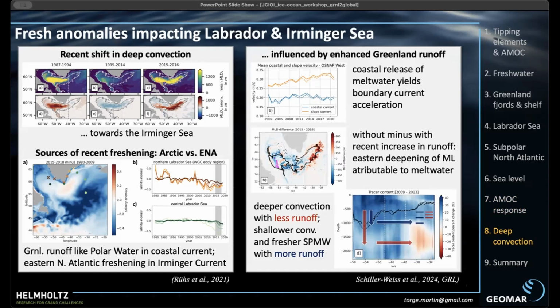And this very eastern shift of the deep convection is partly driven by the meltwater, because with meltwater added, the elevator in the Labrador Sea doesn't go as deep, but then propagates a fresher mode water into the eastern Irminger Sea, where it destroys stratification. You get a bit deeper mixing.